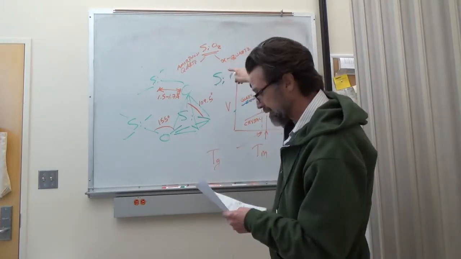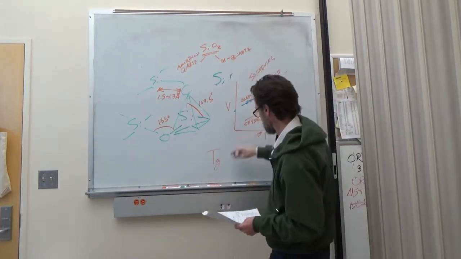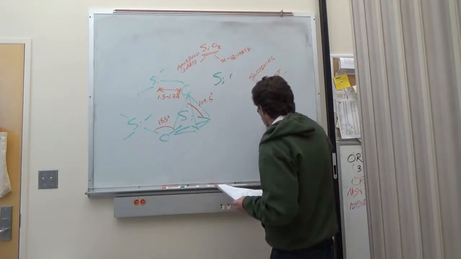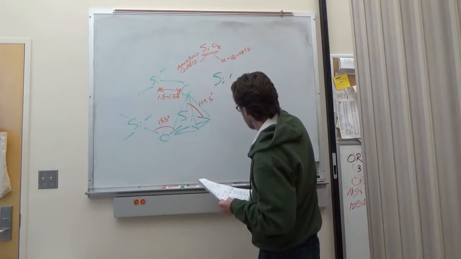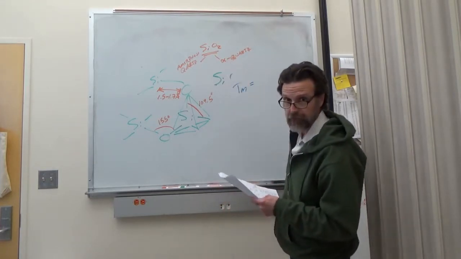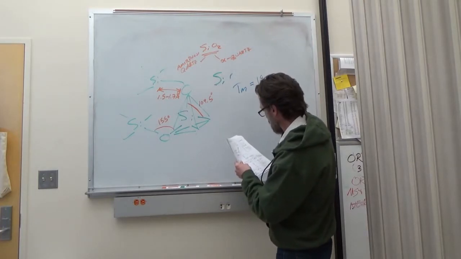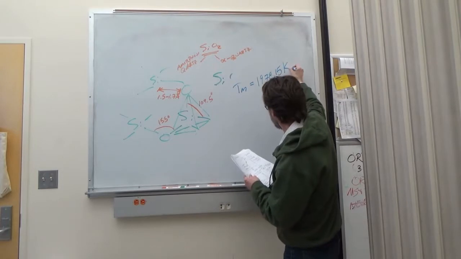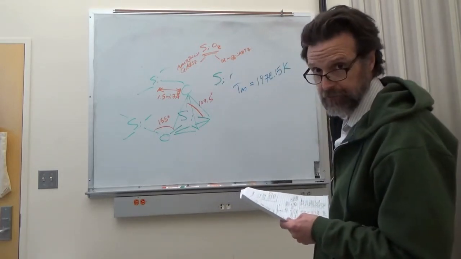So the melting temperature of quartz glass is around 1971.15 Kelvin. That's extremely hot.